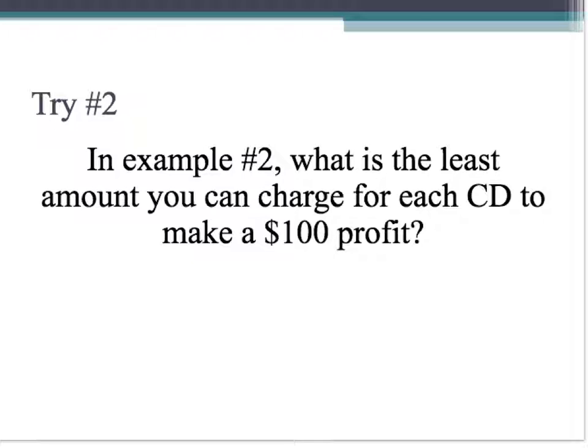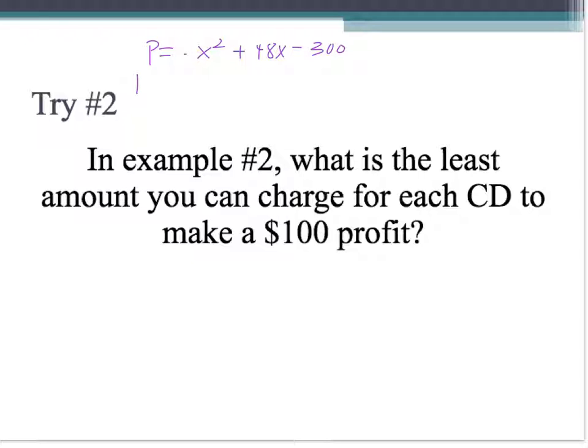In try 2, it goes back to ask in example 2, what is the least amount you can charge for each CD to make a profit of $100? So if you remember that equation, I believe it said P equals negative x squared plus 48x minus 300.